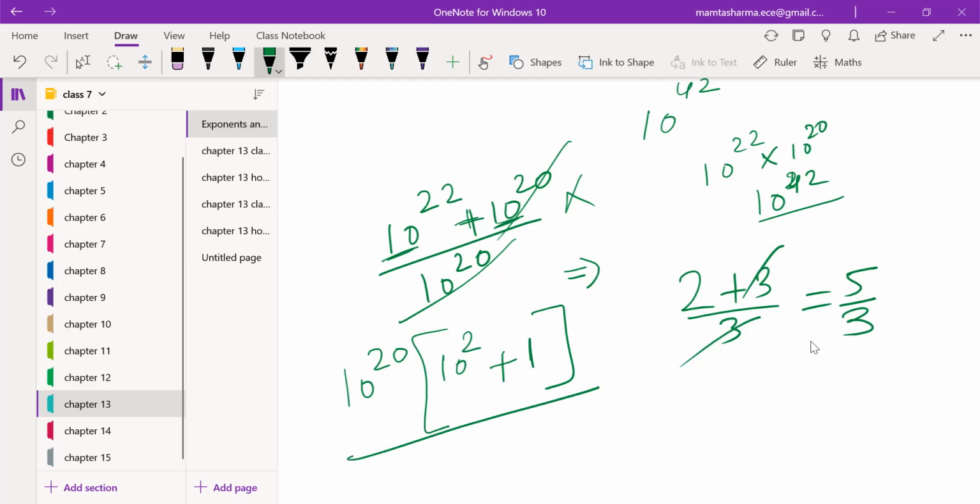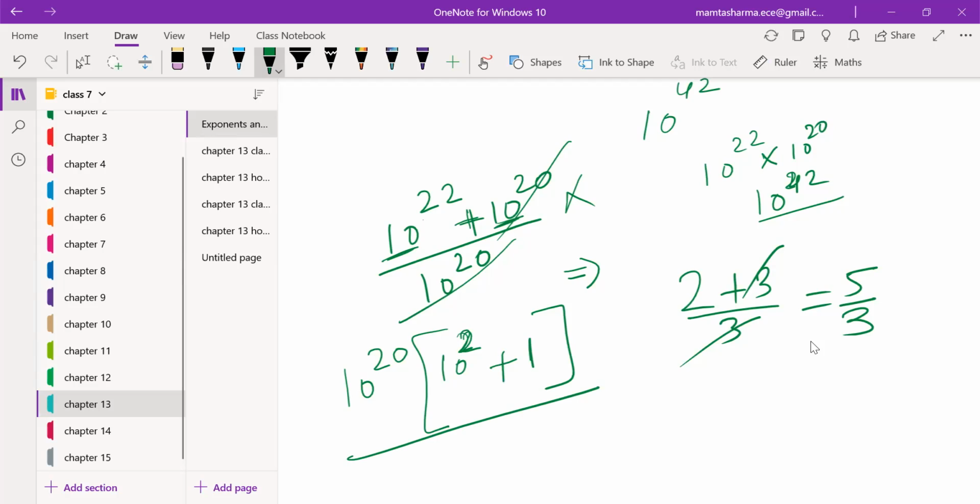See, in 22, I took 20 out, so the left part will be 2. And where did 1 come from?